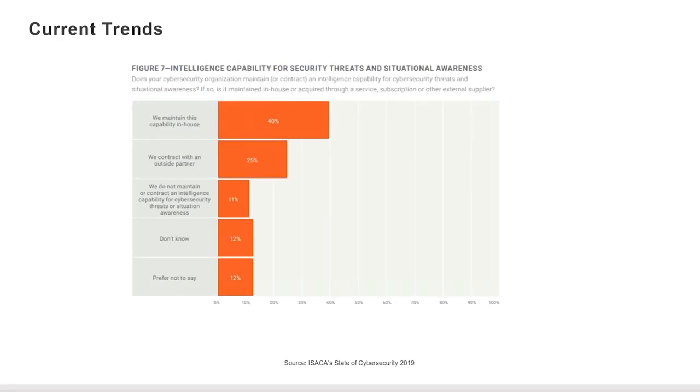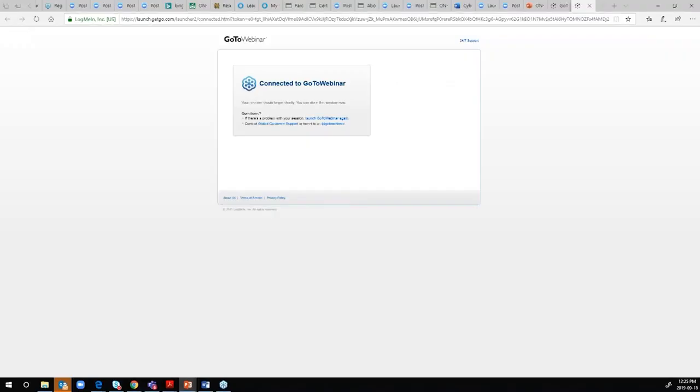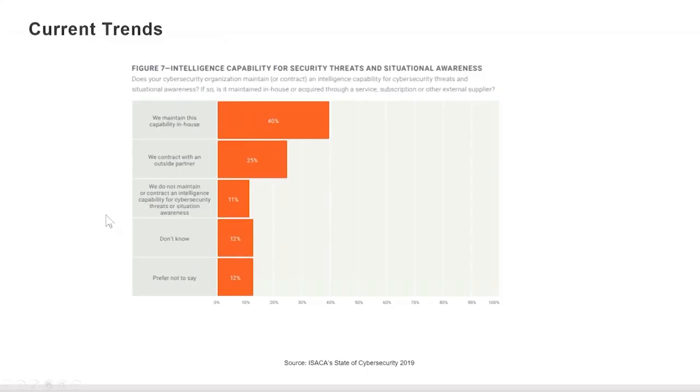And on the third one, 11% say that they don't have cybersecurity intelligence capabilities or awareness, and another alarming 12% really don't know, which I would probably categorize with the 23% there. So there's obviously room for growth in terms of having some capabilities. You're going to see that trend moving towards either in-house and/or externally outsourcing that capability.